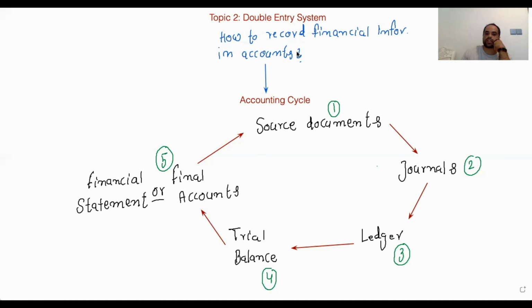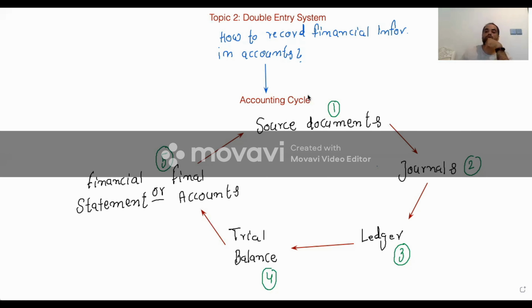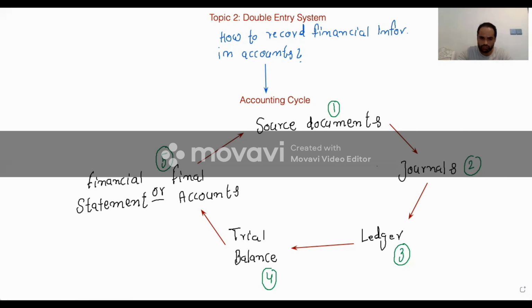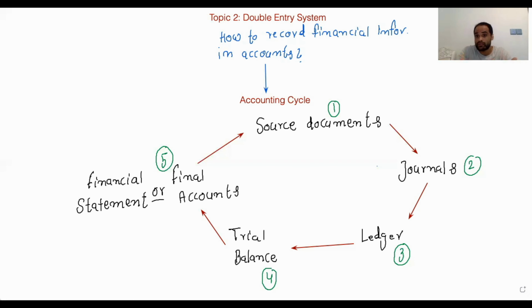So let's start with the first one, which is source documents. What is a source document? A source document is simply evidence of any economic event. Whatever transaction, obviously monetary-related transaction, if any kind of transaction occurs, that transaction requires evidence.